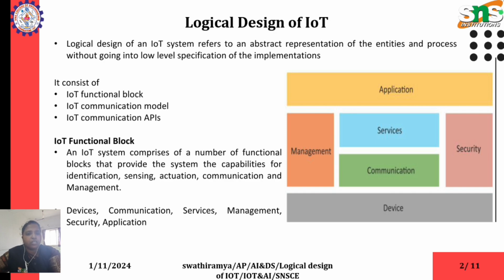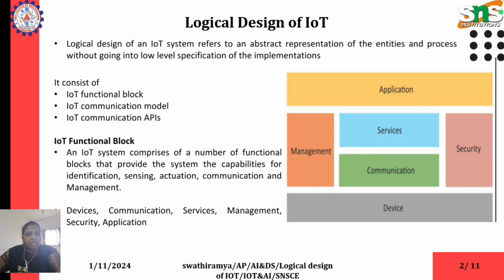The functional block tells you about the blocks related to the basic functions of an IoT system. Basic functions always start from the IoT device: sensors, actuators, and how they work. All of that comes under the device block.